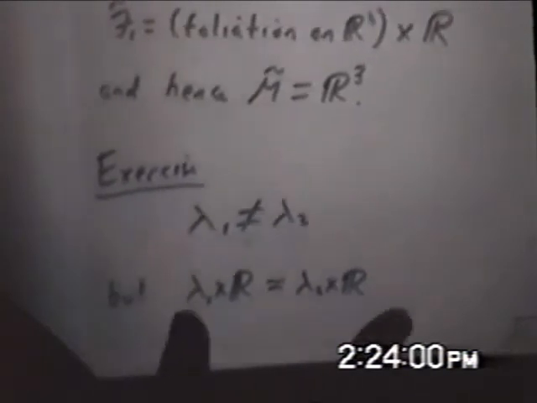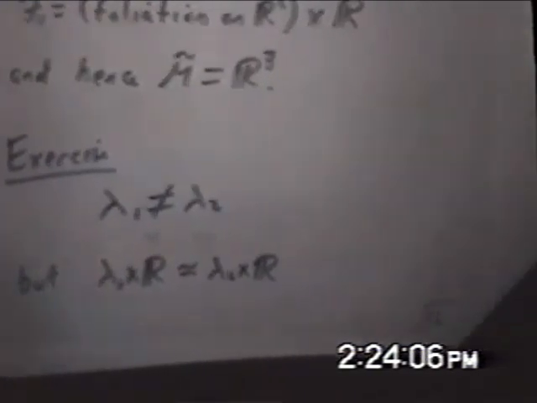So here's a little exercise. Here are these foliations lambda 1 and lambda 2. As foliations of the plane, they're different, but they have the same space of leaves. So by Palmeira, if you take these foliations and multiply them by R, you now have foliations of R3 by planes.